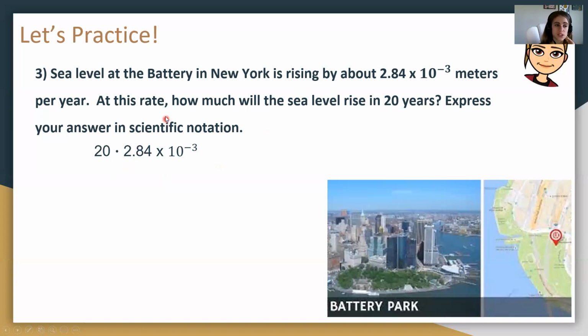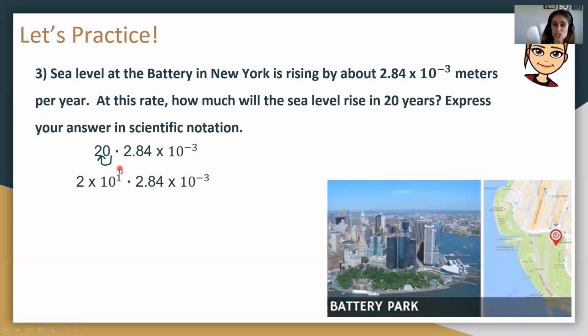But if it wants us to express our answer in scientific notation, that means both of my numbers need to be written in scientific notation. So we need to rewrite 20 in scientific notation. This also refreshes what we did on Wednesday.